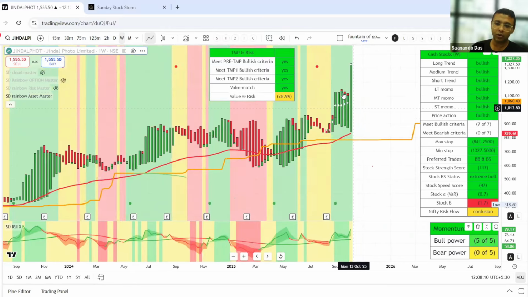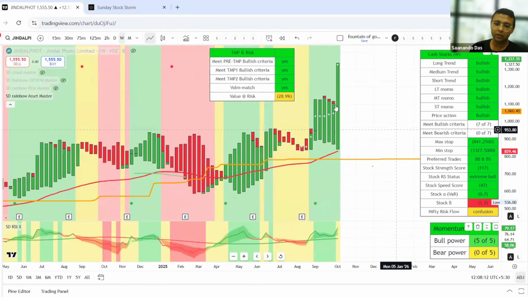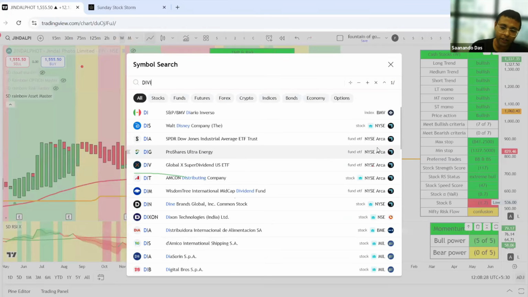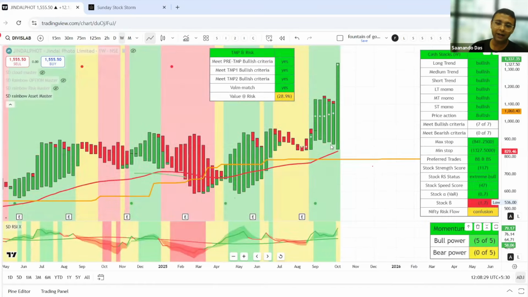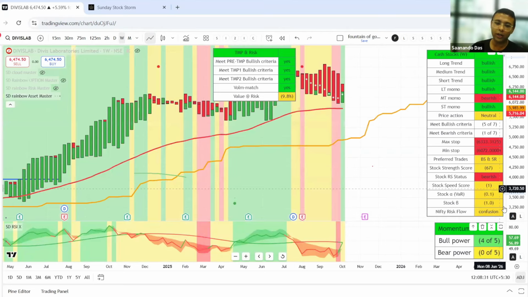There is no entry. After three corrections, red candles, a strong buy move came. If you have already entered, continue in this stock. Don't exit very quickly. Very likely it has more to give. Don't be scared of small corrections in such a stock. But if you have not entered yet, there is no good entry point.